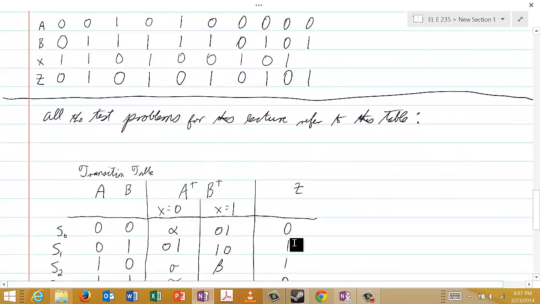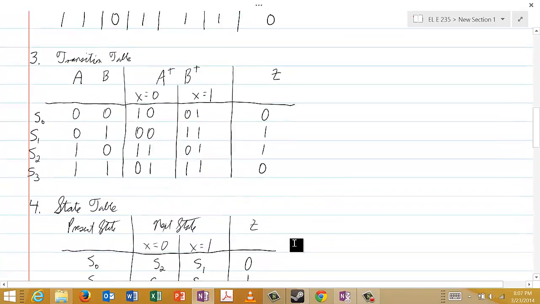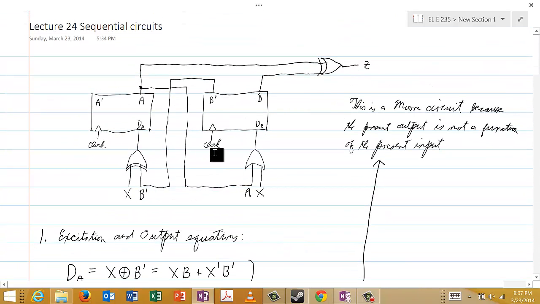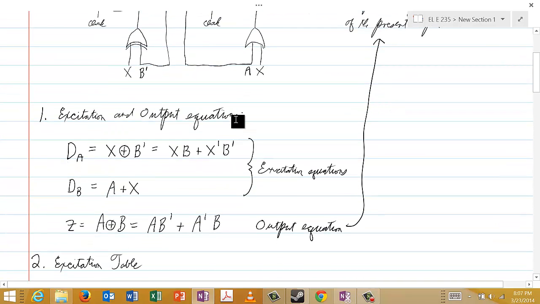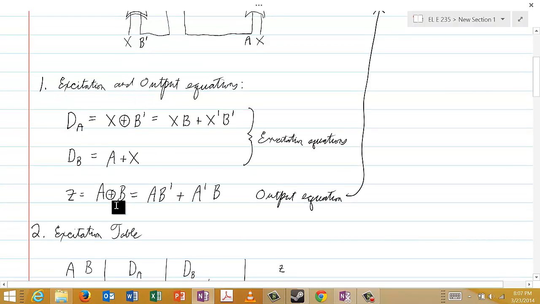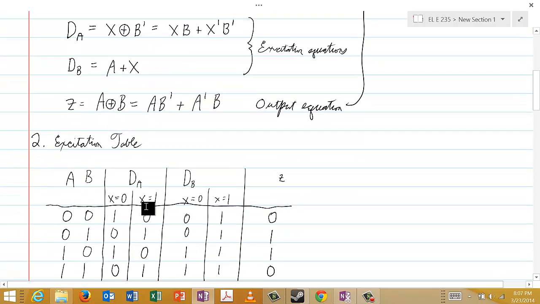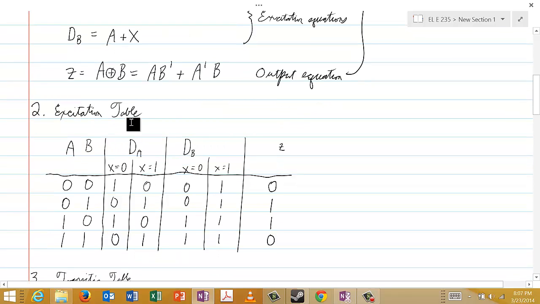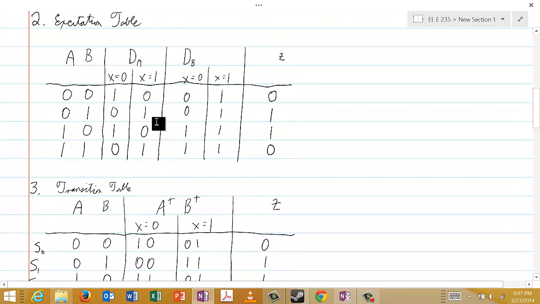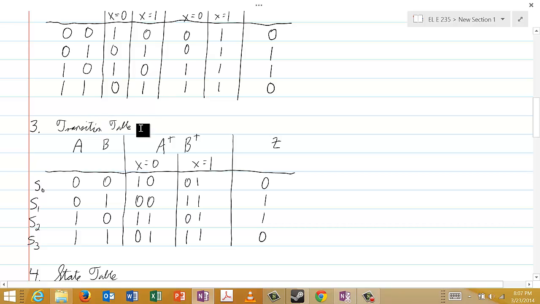So what you need to do is to just go back up here to the circuit, work with the assumption that these are T flip-flops rather than D flip-flops, but that everything else is the same, and then see what differences you would have in your excitation and output equations, what differences that would make in the excitation table, and then what that would give you for the transition table.